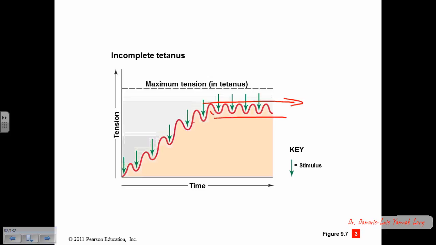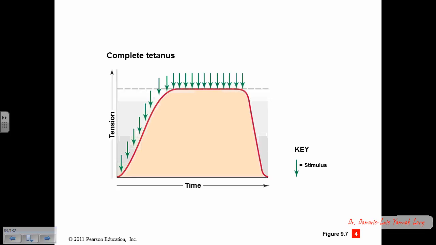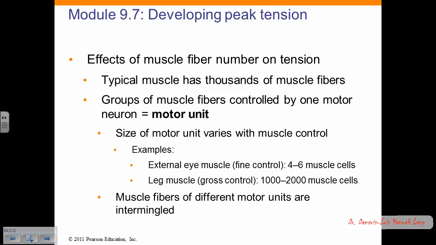A constant. But with incomplete tetany, there was what? Some detachment going on, right? But it didn't allow it to fully what? Bounce back. But guess what? Complete tetany is like no room for what? Relaxation whatsoever. So it's the same thing, but it's just contraction continuously, back to back to back. No room for that. Okay.